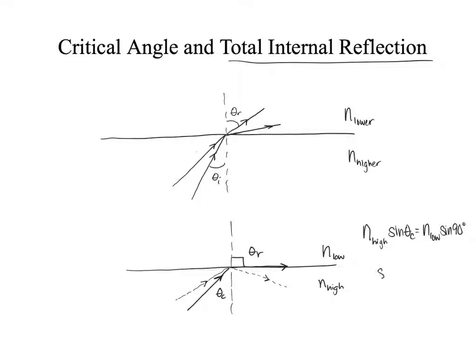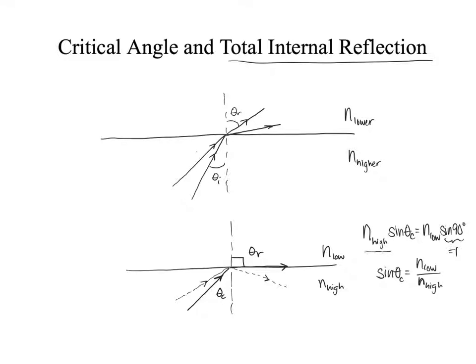And so you can actually solve this for the sine of the critical angle. And because the sine of 90 degrees is just equal to 1, the sine of the critical angle is the ratio of the two indices of refraction. And then we can just use the inverse sine to figure out what that critical angle is.